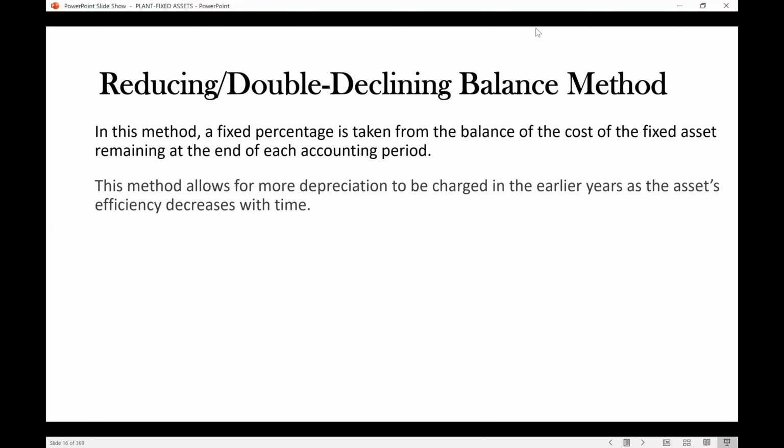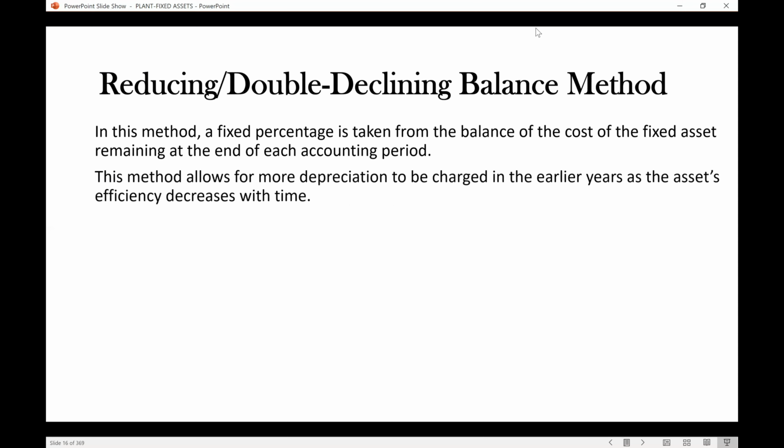So this method allows for more depreciation to be charged in the earlier years of the asset's life, as the asset's efficiency decreases with time. And to explain this, what it's saying is that in the earlier years, you'll have a greater value, right?